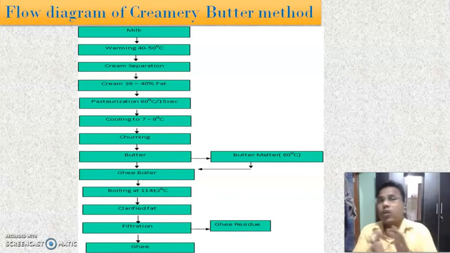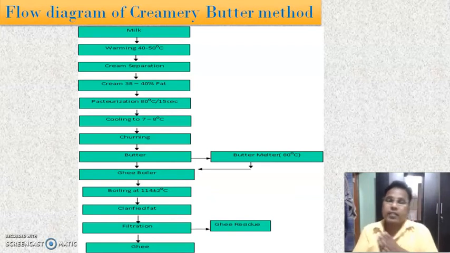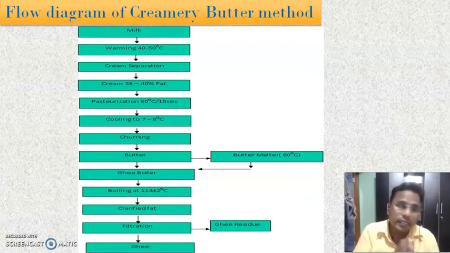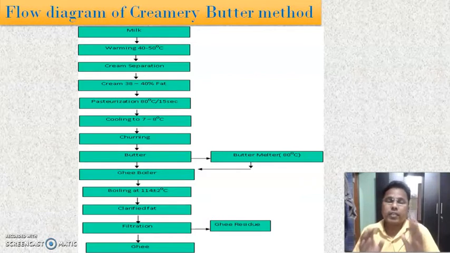As we have already learned about the creamery butter method, each and every point given here we have discussed, but again, to understand the next method, that is the direct clarification method, it becomes necessary to understand the various points given here in this creamery butter method.